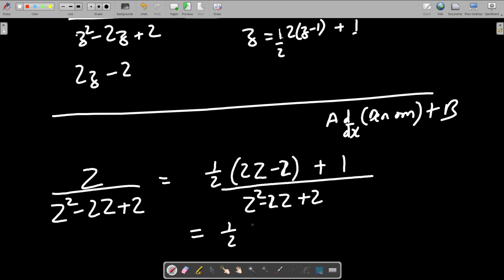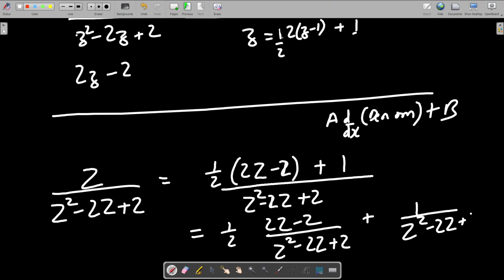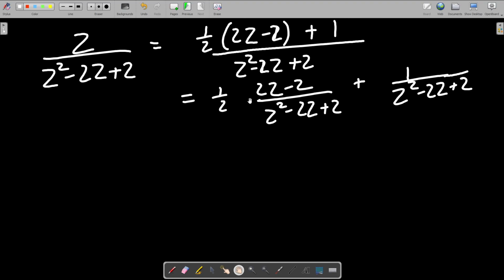So half times the expression 2z minus 2 upon z square minus 2z plus 2. The first term's integration we can do, the second term will again have the same problem. So this technique is also not going to work here.